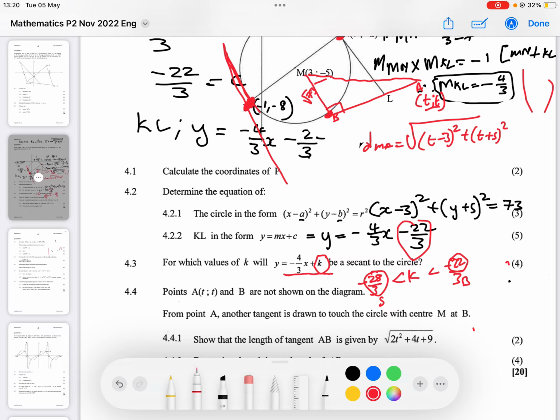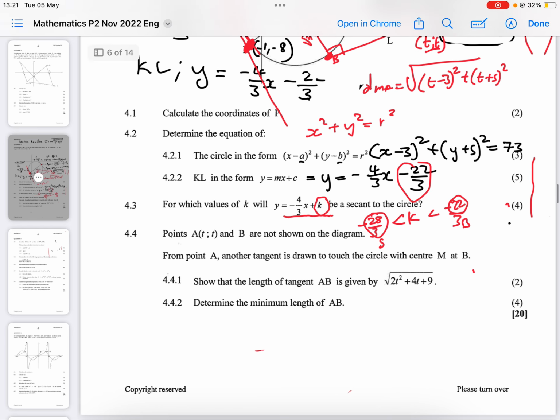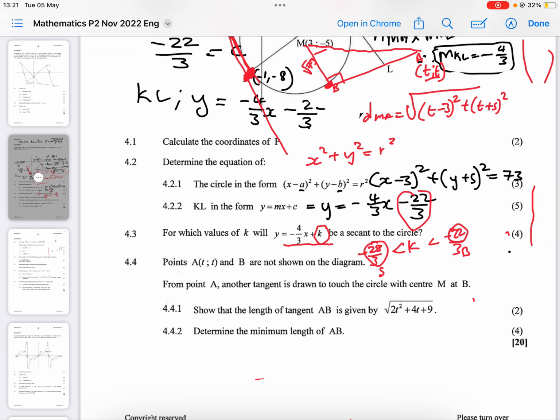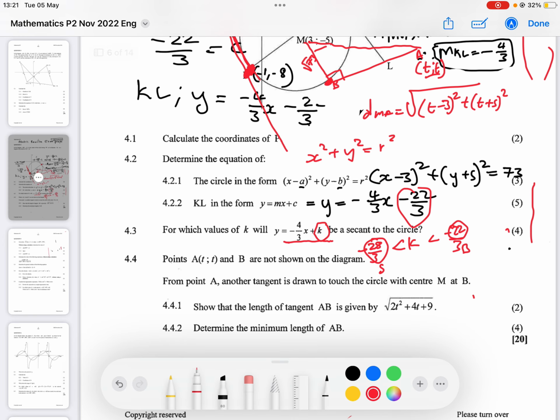So this is the distance of MA. Now what do I need? I need the distance of AB. I'm going to use Pythagoras: x squared plus y squared equals r squared, right? AB is x, because I don't know the x, which is AB.